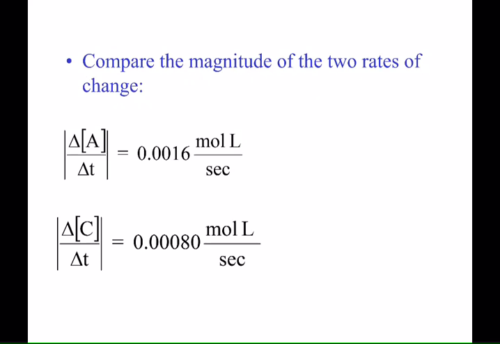You told me those are the absolute value, so we're already removing the negative associated with tracking the change in a reactant. But we still have an issue. Reaction rates need to be positive, and the true reaction rate needs to take into consideration the stoichiometry. So we need to fix our A, because it has a stoichiometric coefficient of 2.